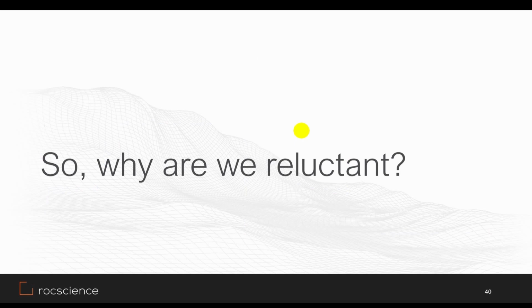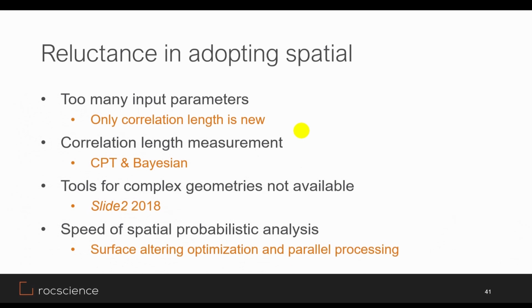So far we have learned that a spatial variability analysis is important in the probabilistic analysis. Now, why is there a reluctance in using a spatial variability analysis? There are different reasons. The first reason is geotechnical engineers think that they should have too many parameters for a spatial variability analysis, while only one more parameter, a spatial correlation length, is required, as you saw in these examples.